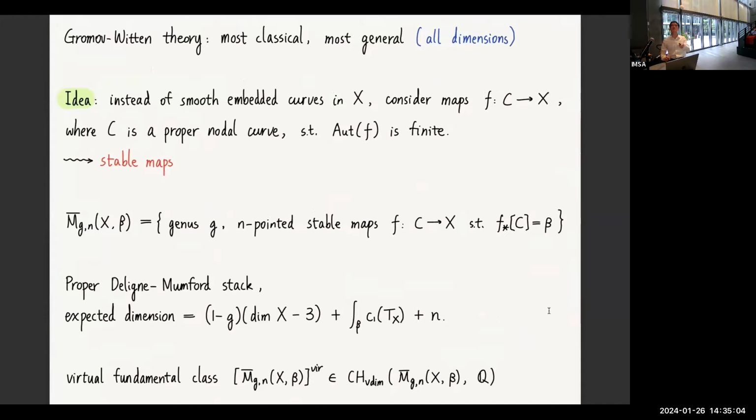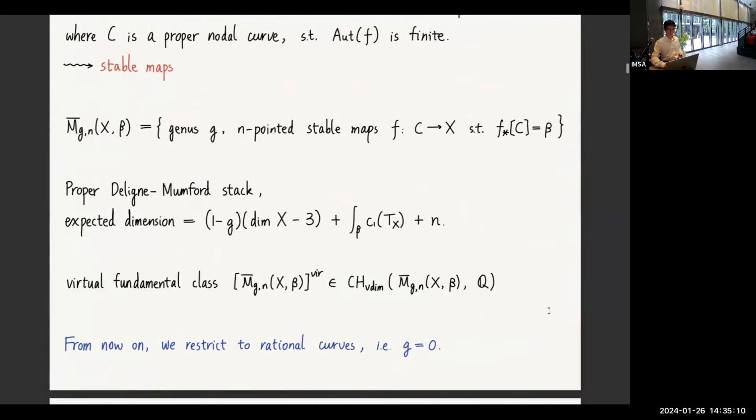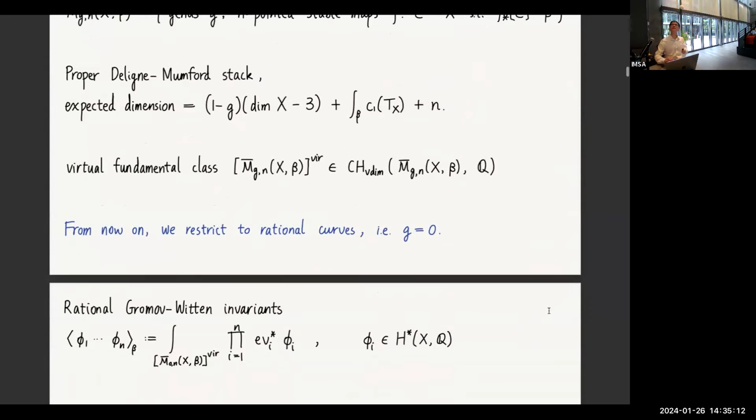We introduce the space of stable maps, and inside it we have the virtual fundamental class. We restrict to genus equals 0, and this gives us rational Gromov-Witten invariants, which are defined as the pullback by the evaluation maps of cohomology classes, integrated over the virtual fundamental class.